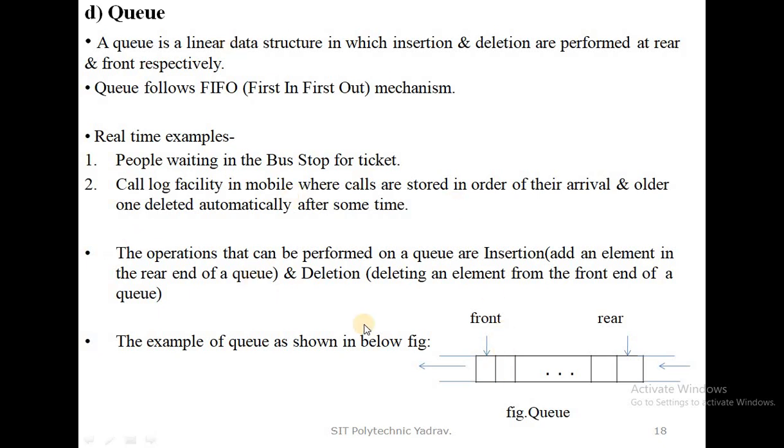The operations performed on a queue are insertion, adding an element at the rear end of the queue, and deletion, removing an element from the front end.